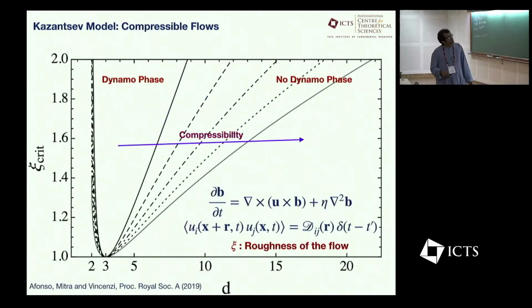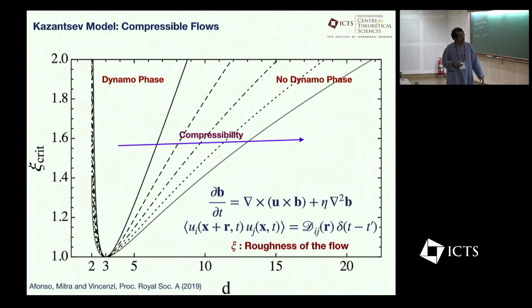A more recent work, by Marco Rubadi and Dario Vincenzi, extended the Piter Haugen work, and they included effects of compressibility. And this is quite surprising if any of you are interested in this problem. That's because you'd normally expect that compressibility, with its negative Lyapunov exponents, etc., would not self-sustain a magnetic field.